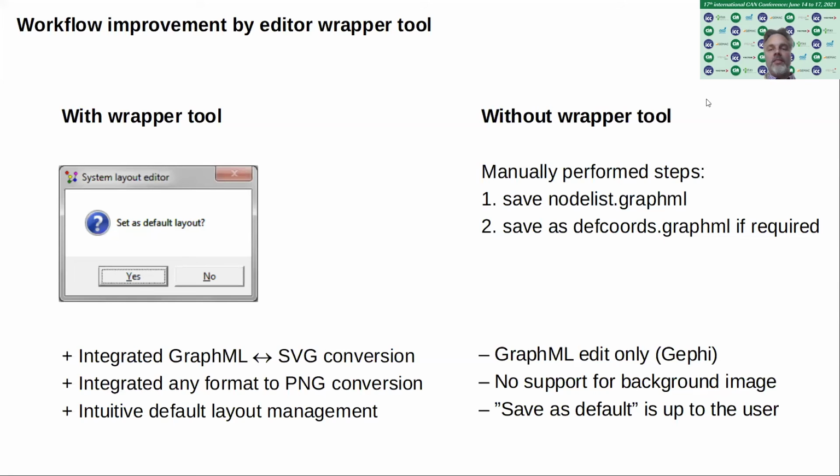And without any wrapper tool, the automated or easy use of editor supporting other than GraphML is quite problematic. And there's no support for background image. So we will manage to put majority of the necessary extra work into the simple wrapper tool.